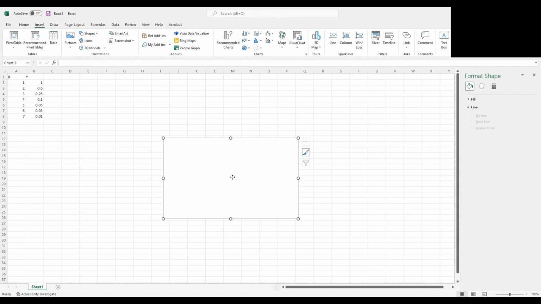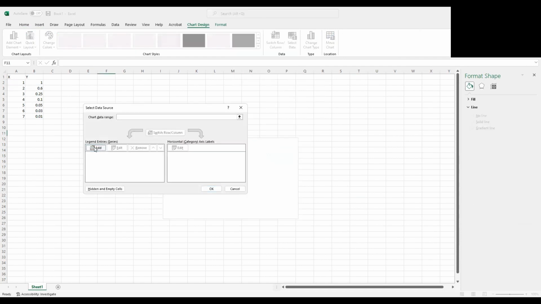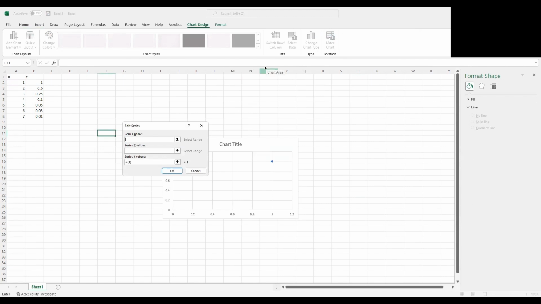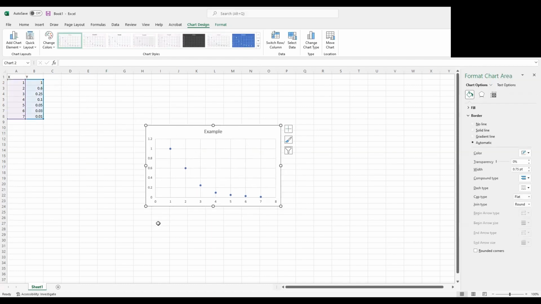I will right click and say select data. I will say add. I will call this example, and select the X values and the Y values here. I will say OK, and OK again, and I got my graph.